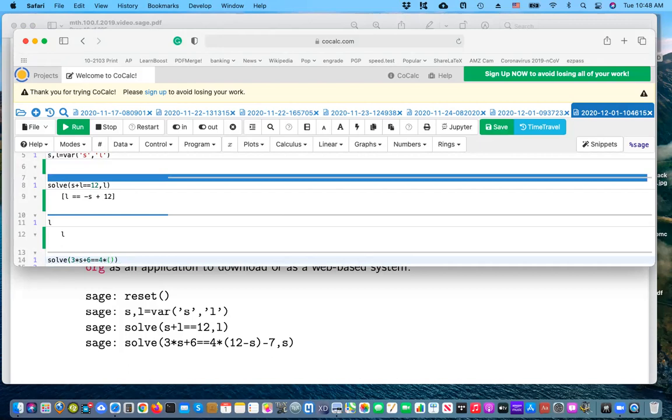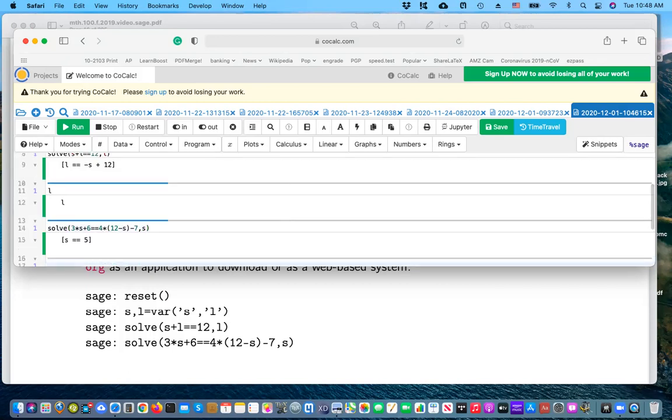I just noticed by looking. I didn't look at my typing. 12 minus S. I'm using multiple letters, right? Minus 7, comma, S. I'm going to hit shift return now. What's S? S is 5.